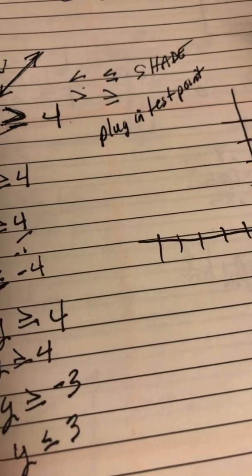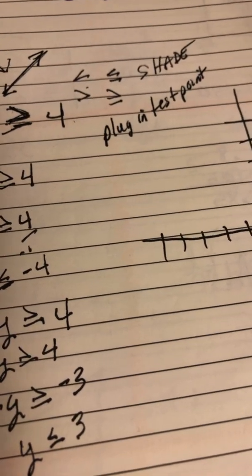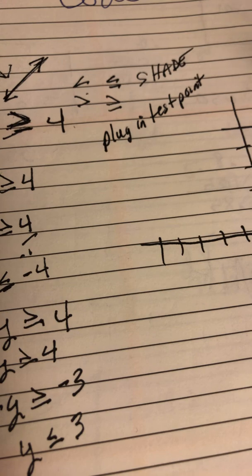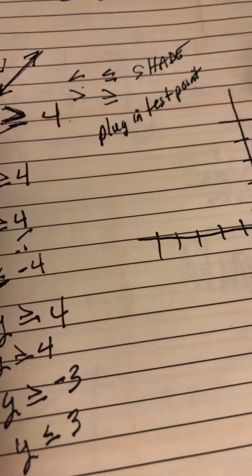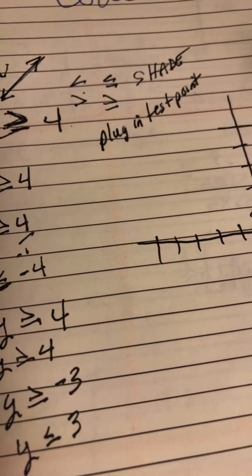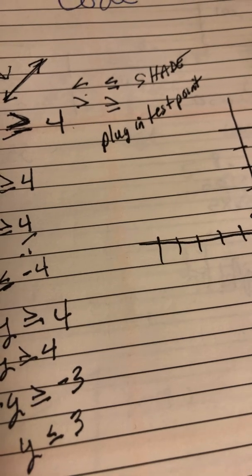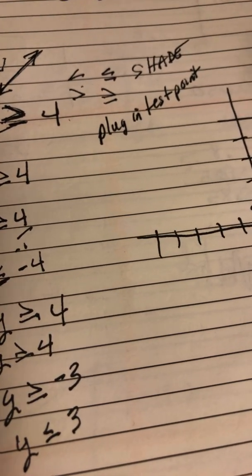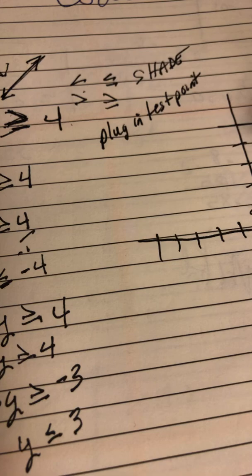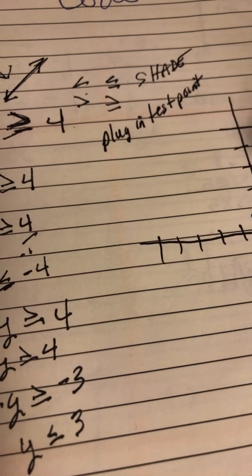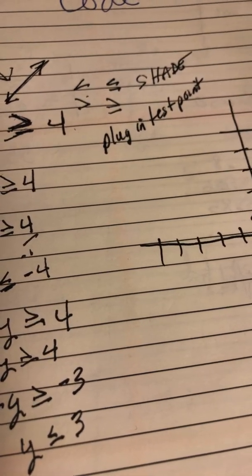Okay, and it doesn't have to work. We just have to find out, does that point tell the truth or is it false? If it tells us the truth, then where that point is the side where we're going to shade it. If it gives us a false statement, if it didn't work, then we know it's not that side that you shade. It's going to be the other side.